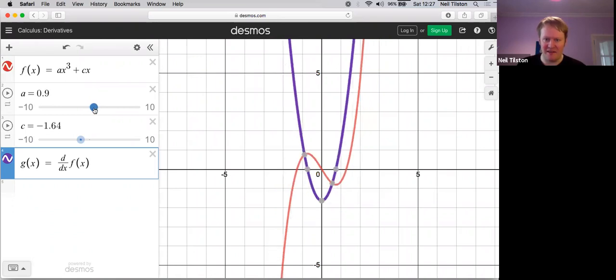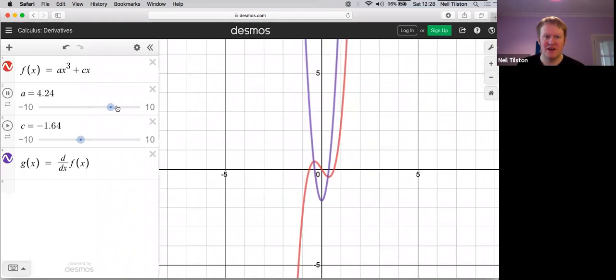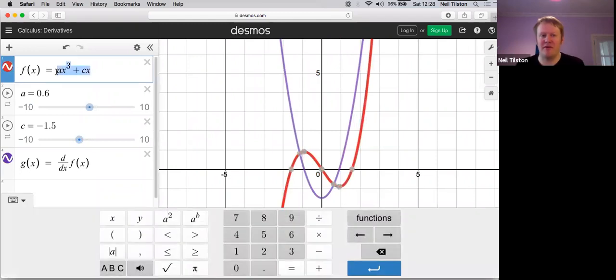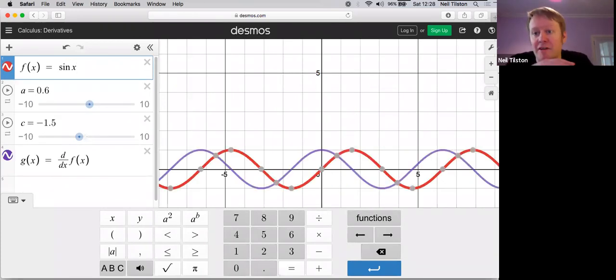Again, this has that functionality where you can animate it to show how the graph's affected by different changes, which is quite nice. But you could also just type in a function you want here. Certainly, what I did was I then returned to this when I wanted to teach the fact that the derivative of sine x was cos x. So I put that in there. I had different functions up there.